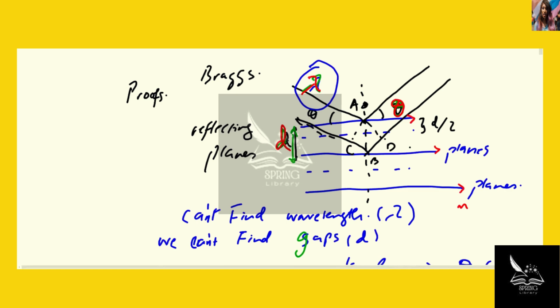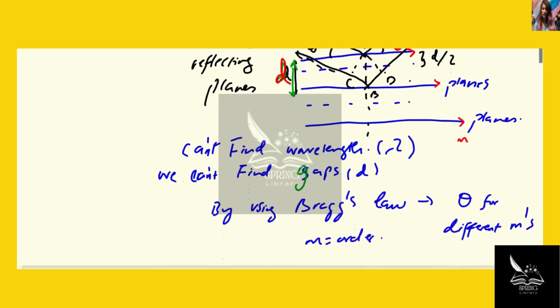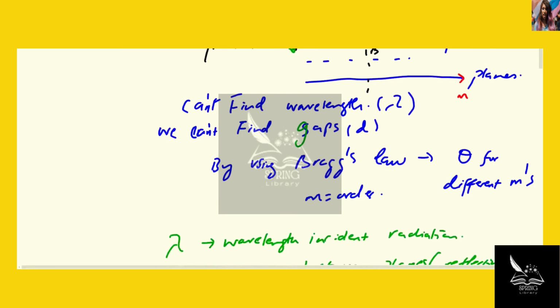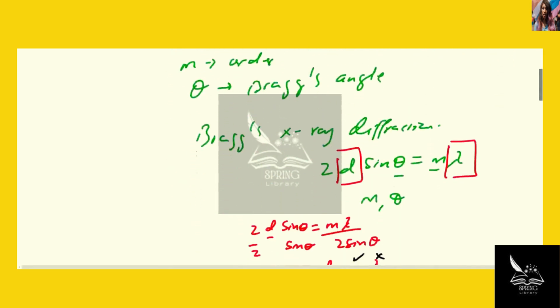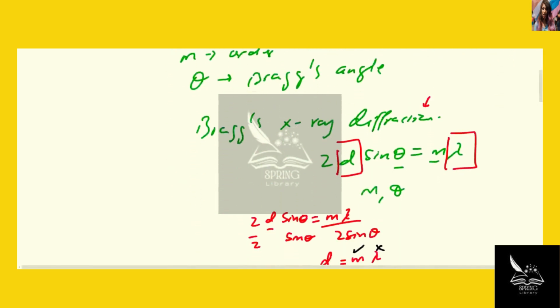Our purpose and goal in this particular problem is to see whether it is possible to find lambda and d given that you have m and theta. And you can see by using the Bragg's diffraction equation, we still end up having two unknowns, lambda and d. Even if we have two knowns, theta and m, we still have two unknowns. And so we can't really solve the problem.